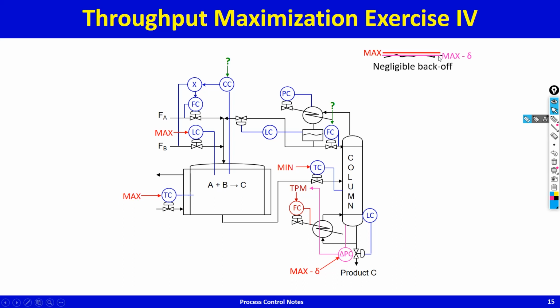Because of that, you can operate very close to the maximum limit, and then the back off is negligible. So in this case you will be able to operate the column very close to its flooding limit without breaching the flooding limit, and therefore this control structure will give you much higher production compared to the previous control structures.